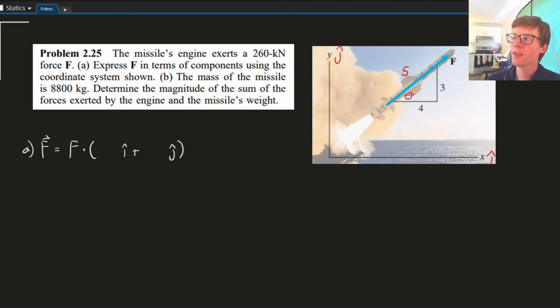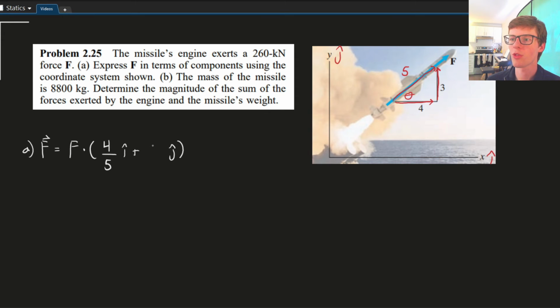Now, what this similar triangle is telling you is that for every 5 steps you take in the force's direction, you're going to take 3 steps vertically. Or for every 5 steps you take in the force's direction, you're going to take 4 steps horizontally. So we take the magnitude of F times the amount of steps in the horizontal direction over the amount of steps in the force direction, or 5.